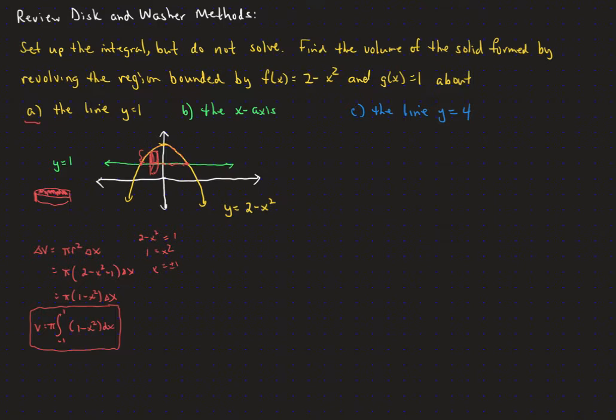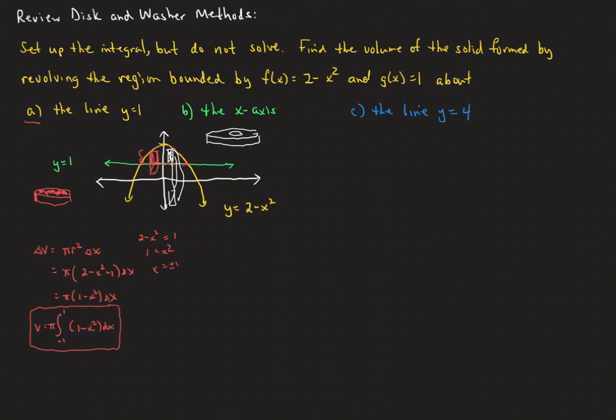Now, if we revolve this around the x-axis, then this is going to look a little different. We still are going to have our rectangle that's going to look something like this. But now as we revolve it around the x-axis, you can see that there's going to be this gap. So if I take that slice out and turn it on its side, it's going to be what we are going to call a washer.